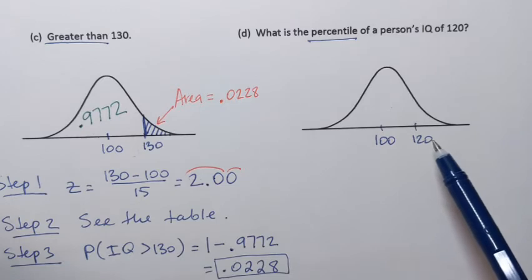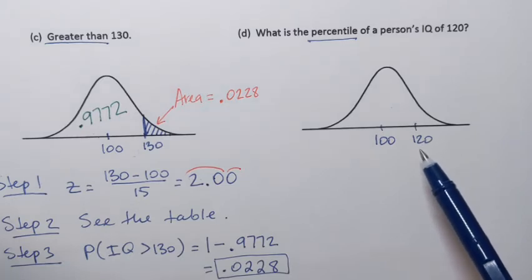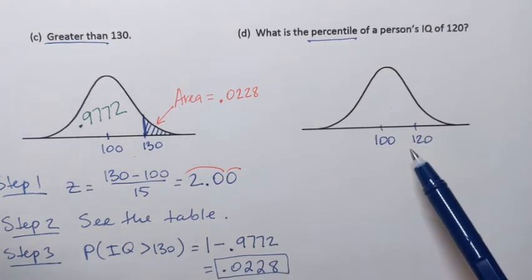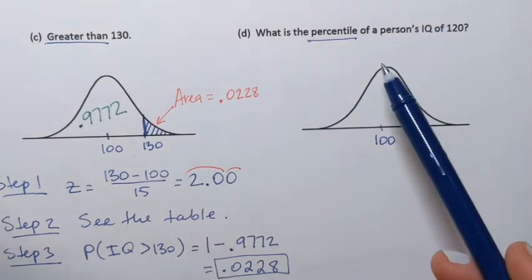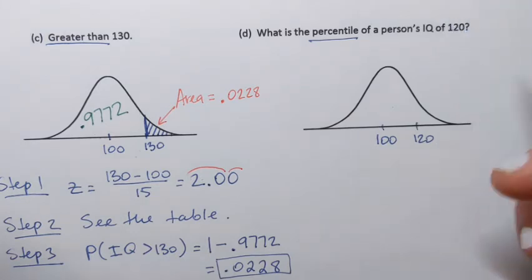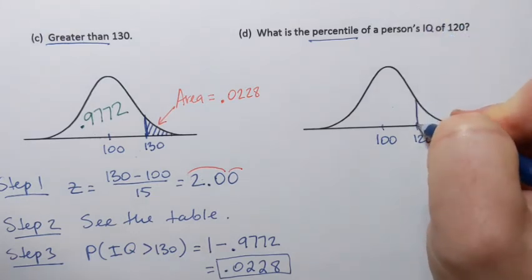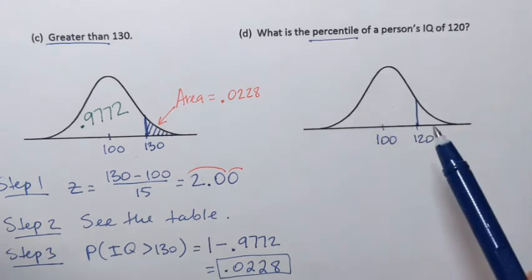Remember, up to this point we only had to find probabilities, but probability is the same as proportion. And that means that everything ties together. So area under the normal curve is the same as proportion, and it's the same as the probability. Even though this question sounds different, it narrows down to the same thing. We have to find area to the left. Why is it to the left?